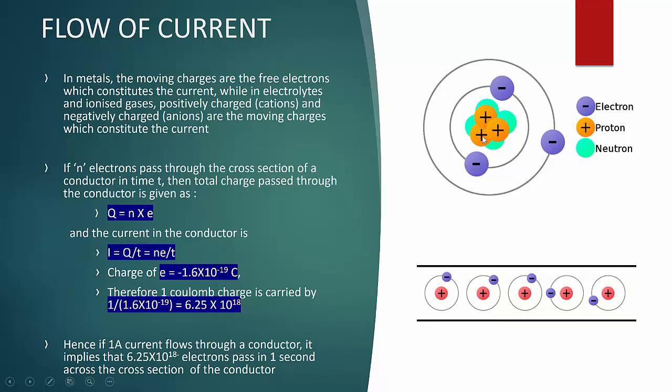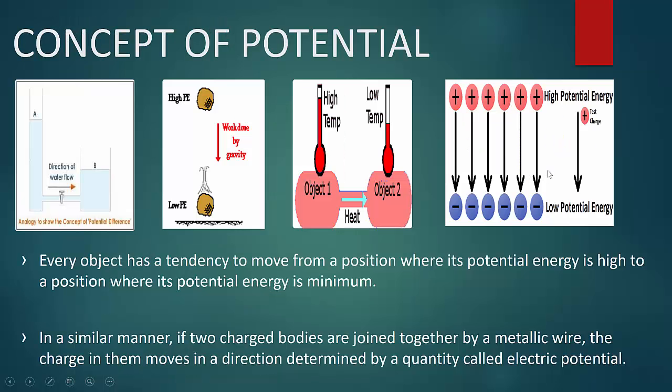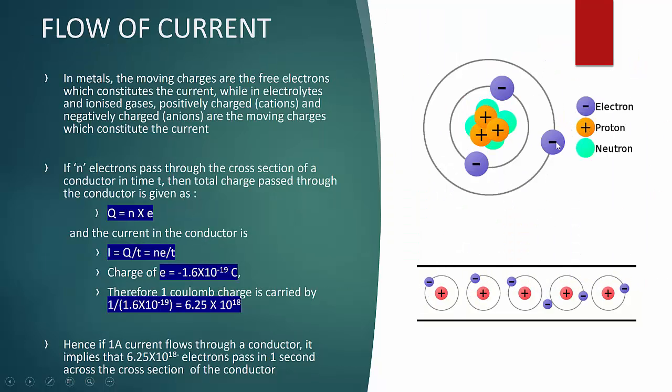Inside the nucleus we have protons and neutrons, and in the orbits we have the electrons. The outermost orbit contains electrons known as valence electrons, and these valence electrons are mostly responsible for the flow of current. In this atom we can see there is one valence electron at the outermost shell, or one free electron.